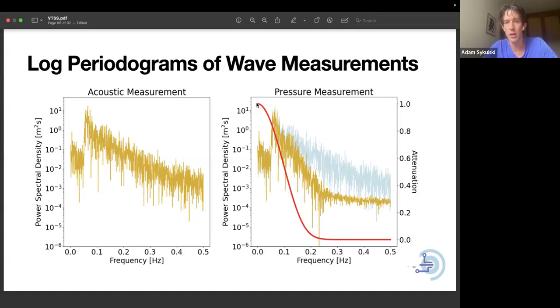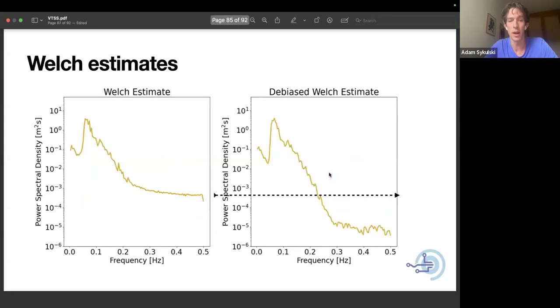So at low frequencies, we expect them to be the same, but at high frequencies, we're expecting this to be attenuated so that it's suppressed at these high frequencies. So some of this suppression that we're seeing here is physically expected from the instruments. But we know the function, so we can actually reverse this attenuation if we like.